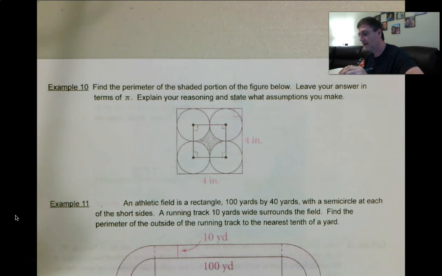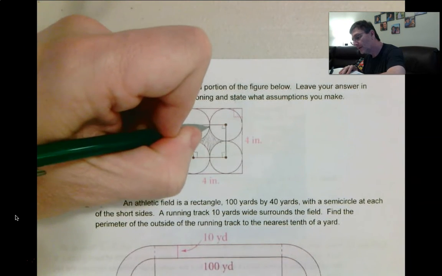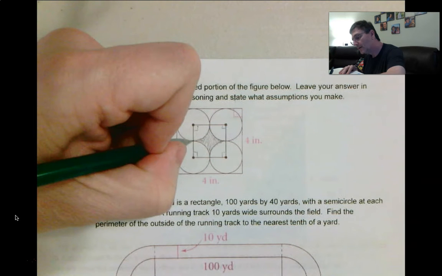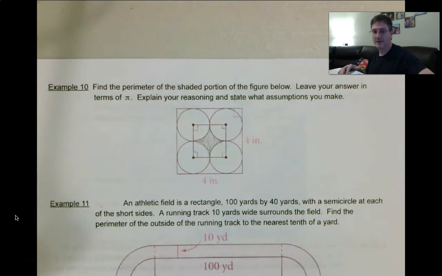So that makes this 1/4 of a circle, 1/4 of a circle, 1/4 of a circle, 1/4 of a circle. So the perimeter of the shaded region is really just the circumference of one circle.